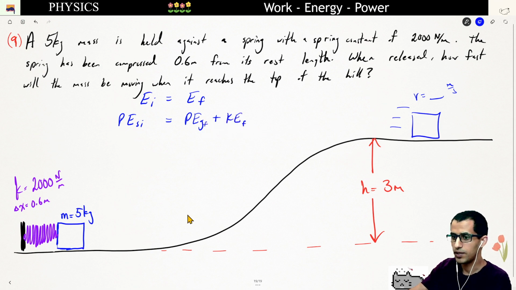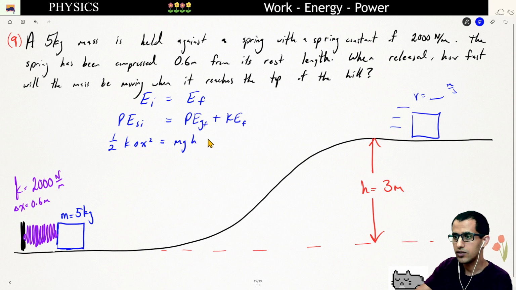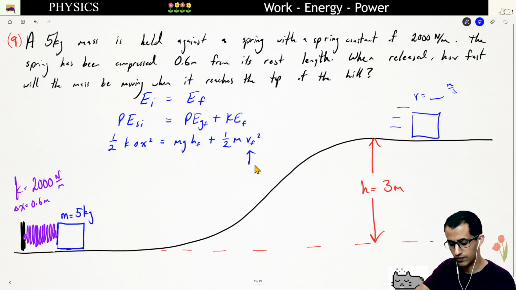Right, so once the block is up here, the spring is back to its rest length, and so there is no elastic potential energy in the end. So this is going to be 1/2 k delta x squared. This is going to be mgh final, and then this is going to be 1/2 m v final squared. The only unknown variable is going to be this v value. That's what we're looking for.